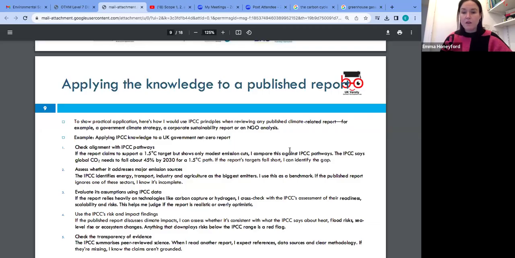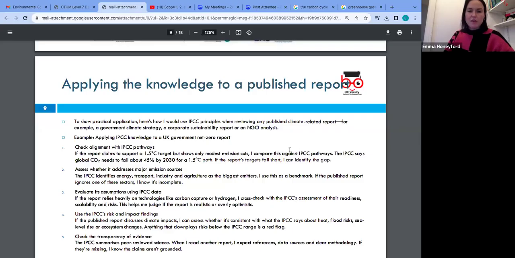So if the report's targets fall short, we can then identify the gap. So we know that we need to be on target for a reduction of 45% of CO2 emissions by 2030 in order to reach the target for 1.5 degrees.